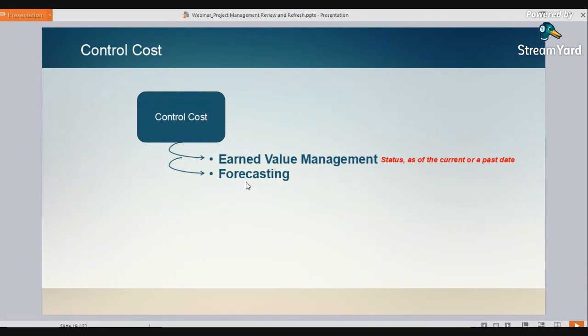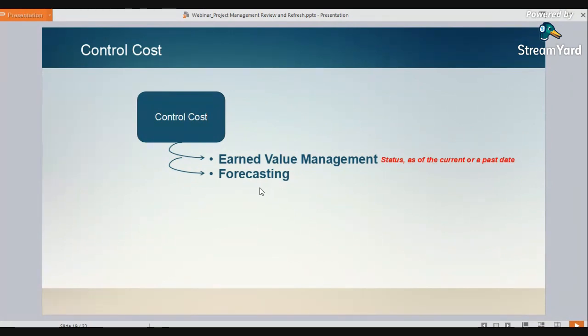We want to see how we are performing relative to our plan or our baselines, either as of today, as we speak, or maybe as of the end of the month. It might take you some time to compile the information and put together an earned value report.